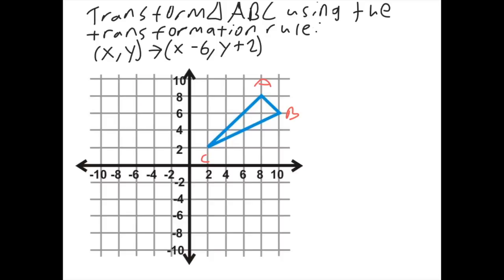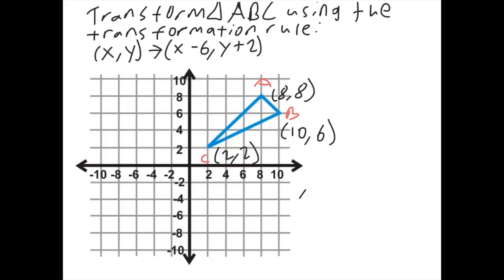So if you look at point A, that is currently at the point (8, 8). Point B is currently at the point (10, 6). And C is currently at the point (2, 2).